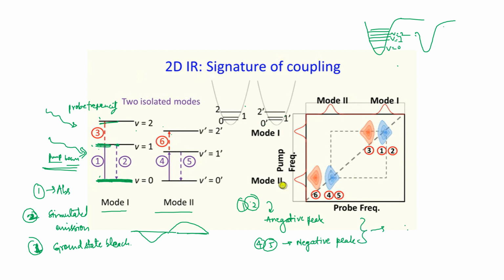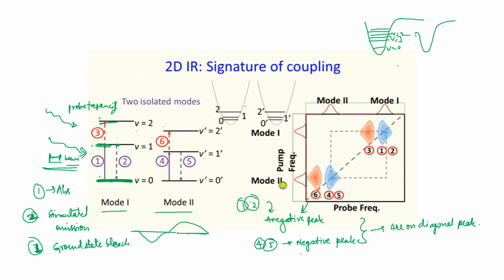The interesting point is that both the peaks, whether positive or negative, are diagonal peaks. Both the peaks 1, 2 and 4, 5. And something that is over this axis is required to plot a contour diagram.